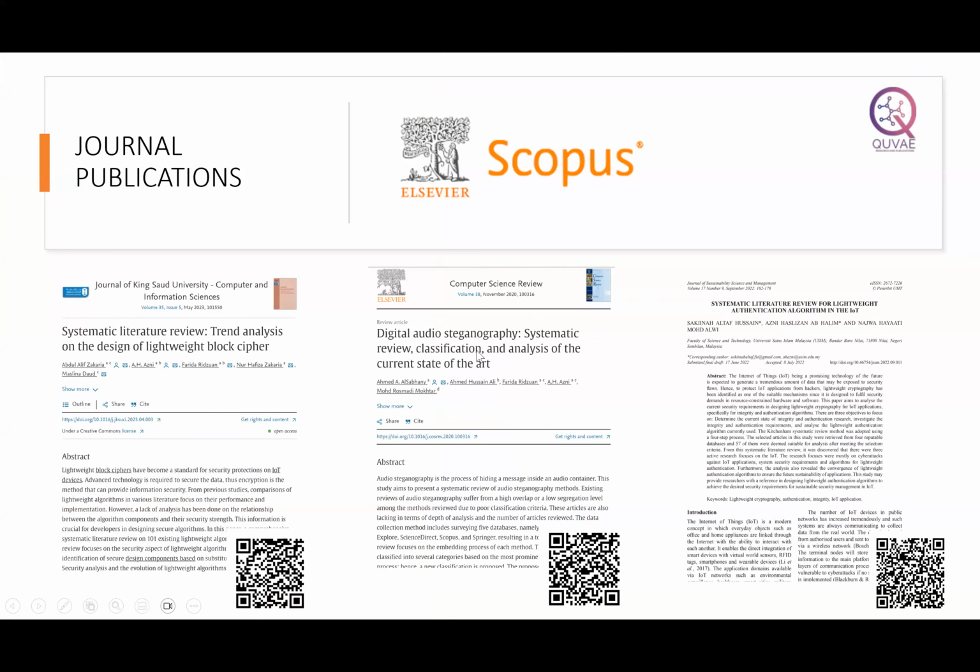The second one, digital audio steganography: systematic review, classification, and analysis of the current state of the art. These two are Q1 journals, and the third one is a systematic literature review on lightweight authentication algorithms in the IoT. This is Q3 Scopus.